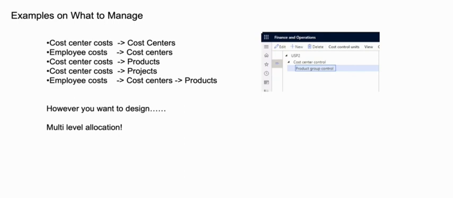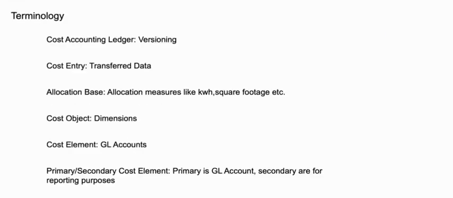As you can see, we have the tree view here. So in this example, we are allocating costs from cost centers to product groups, but you can have just one level, or you can have 2 levels, 3 levels, 4 levels, up to, I believe it's 10. I have only used 2 or 3 level allocation so far. So it supports the multi-level allocations.